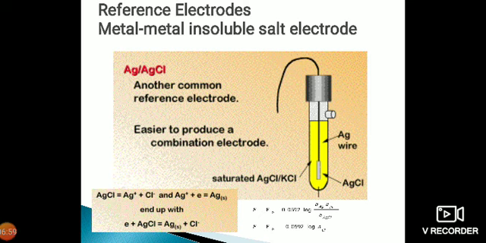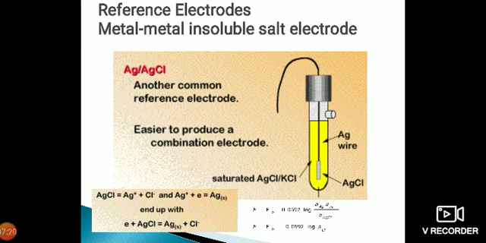This ends up with the reaction e plus AgCl equals Ag plus Cl minus, and EMF is equal to E0 minus 0.0592 into log of activity of silver into activity of Cl minus divided by activity of AgCl.